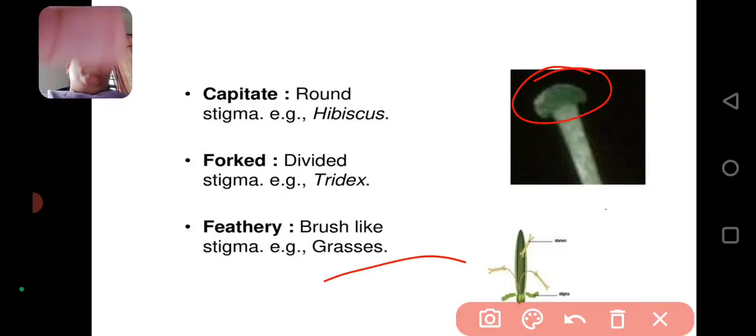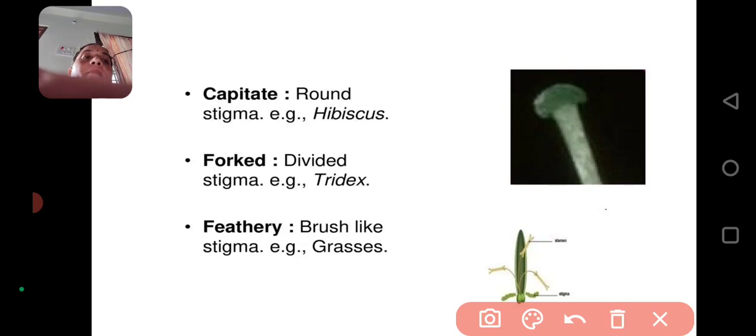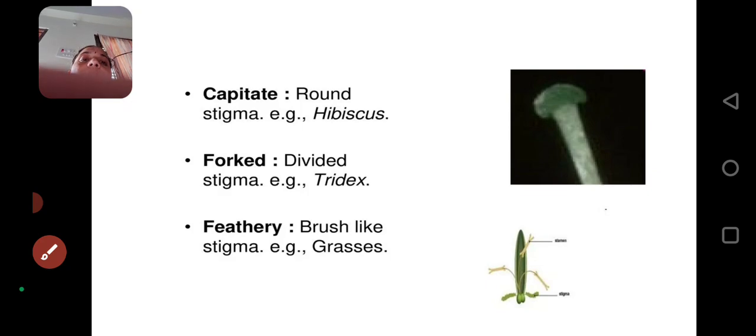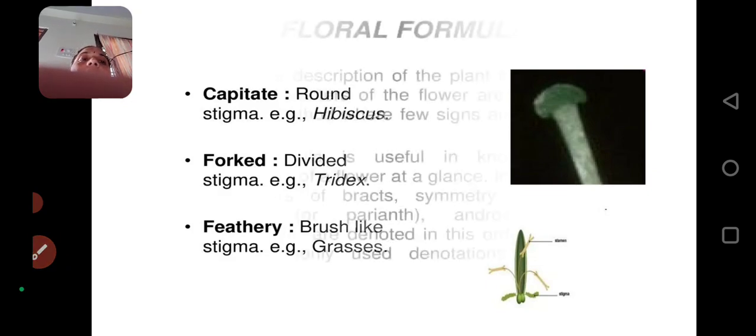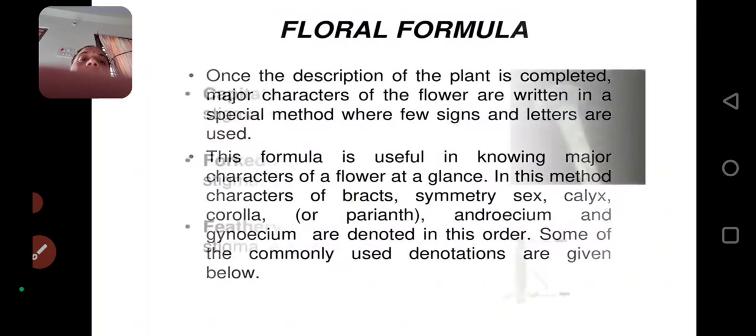Forked stigma is a divided stigma. Example, Tridax. Feathery stigma means a brush-like stigma. Example, grasses. This is about stigma.